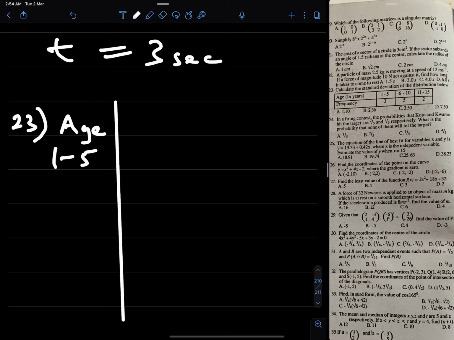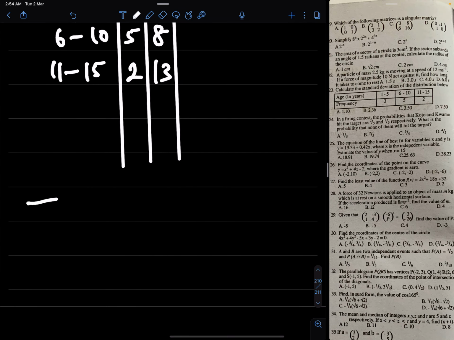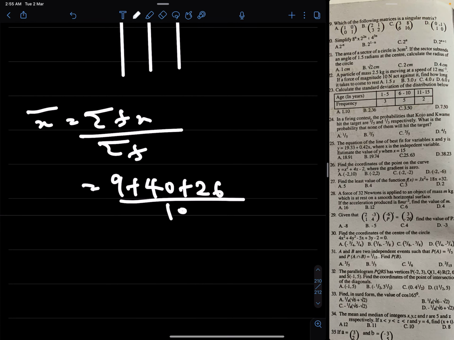Let me go for the class mark, which is x. 1 plus 5 is 6, divided by 2, 3. This will be 8, and 26 divided by 2, 13. Now what's the mean? Mean is summation fx over summation f. fx is 3 times 3, 9, plus 5 times 8, 40, plus 2 times 13, 26, divided by summation f, 3 plus 5 plus 2, that's 10.